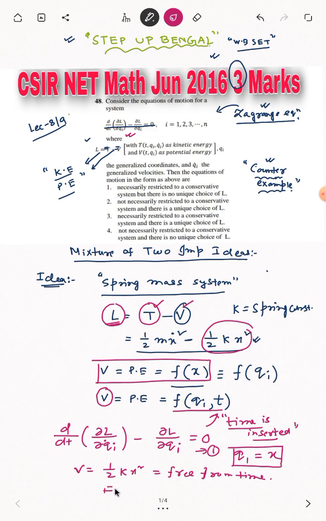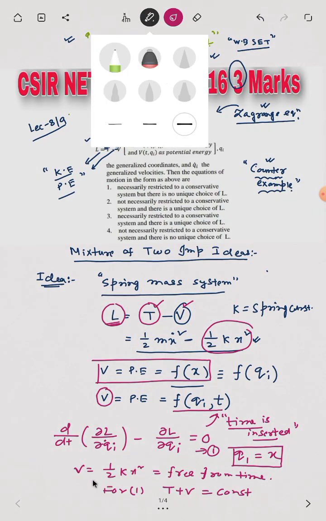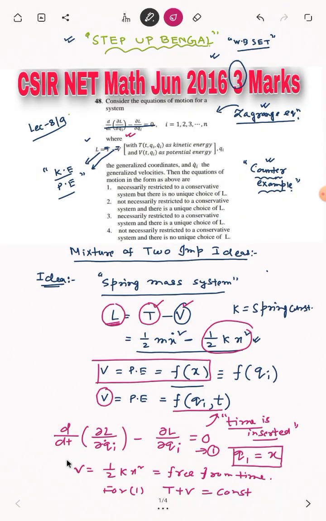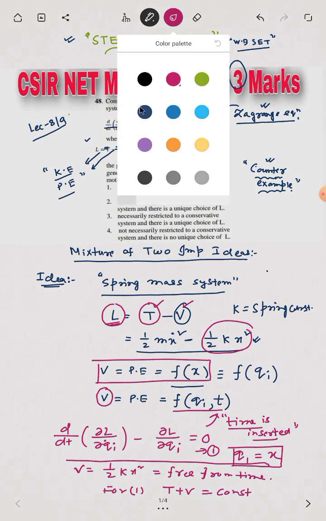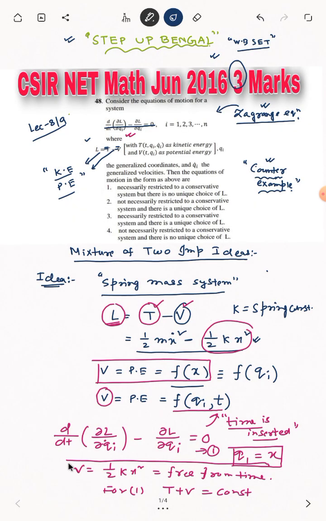Then for this equation 1, T plus V must be constant. This is important result. All of you should make a copy of your own to mark this result. This is extremely critical result for any kind of exam. This V, which is free from time, as in the case of spring mass system, then T plus V is constant. And when this happens, we should have conservative system.